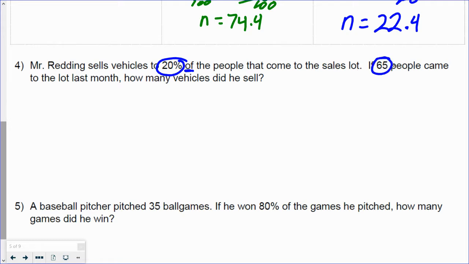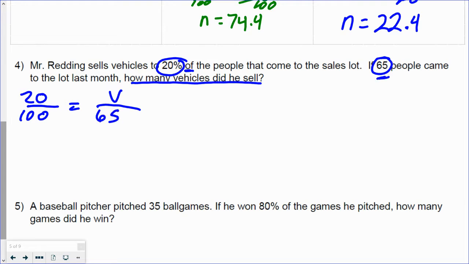If 65 people came to the lot last month, how many vehicles did he sell? That's what we're looking for, which is still my part. My percent is always going to be this number with 100 under it. The only other number they gave me is my 65 people.